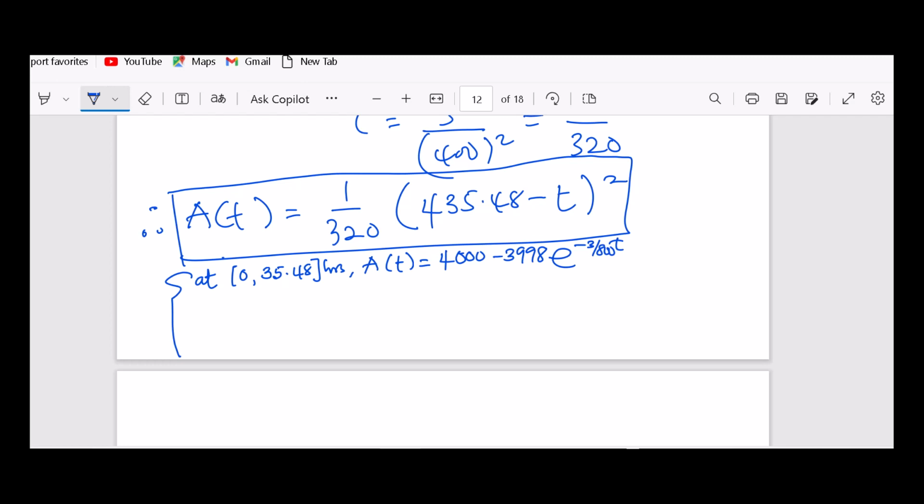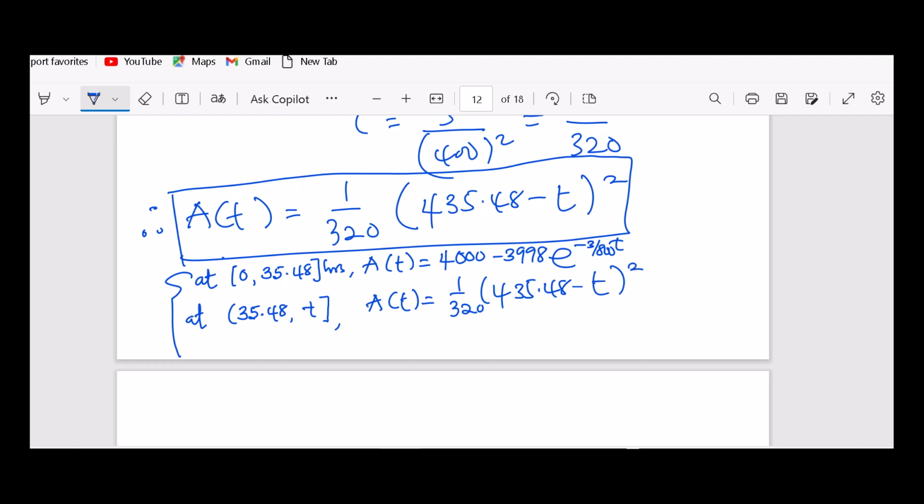Okay, and then going from 35.48 to t, we have A of t equal to 1 over 320 times 435.48 minus t squared, like this.